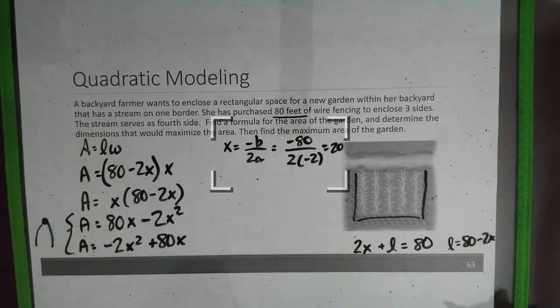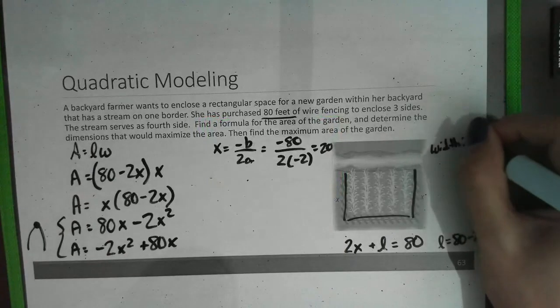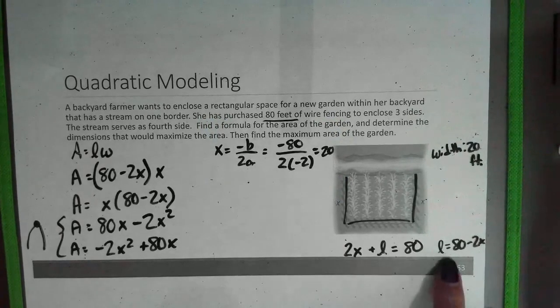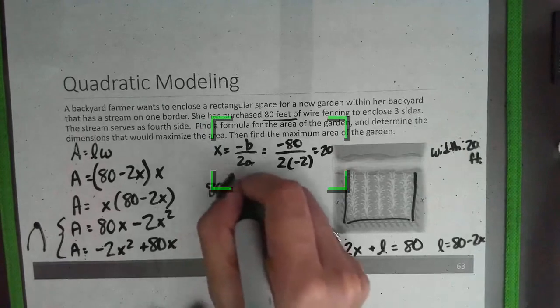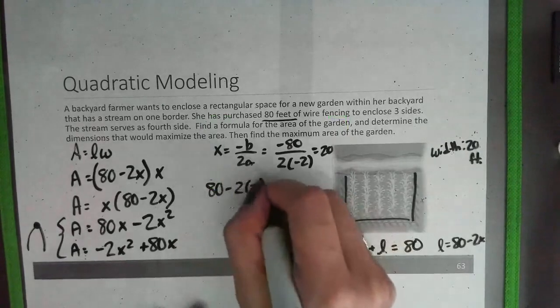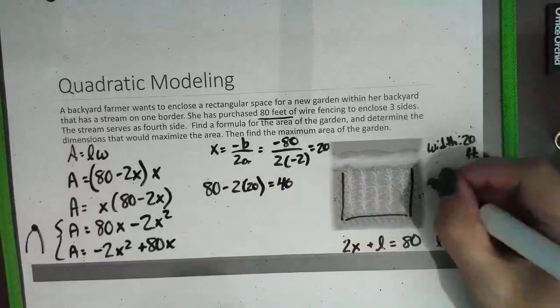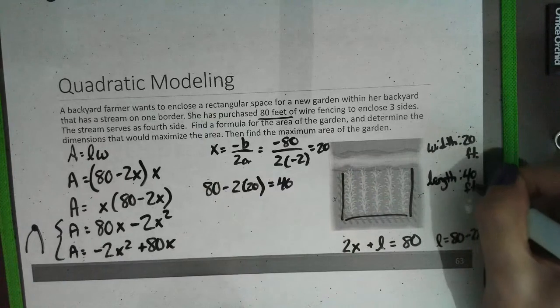So we want the width of our garden to be 20 feet. We know that the length is 80 minus 2x. So 80 minus 2 times 20, that's 80 minus 40, which is 40. So we want our length to be 40 feet.